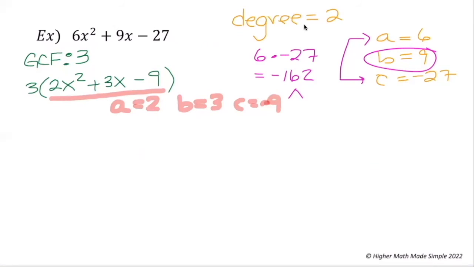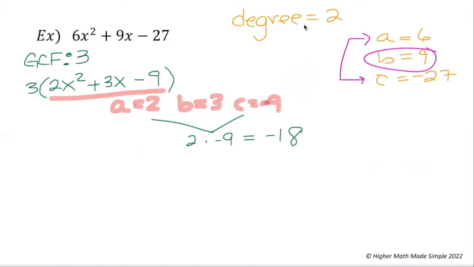So now when we multiply A times C together, we're doing a factor tree of negative 18. That is a much smaller number than negative 162. So it does make our life so much easier. So again, make sure that you always look out for the GCF, because more often than not, it will save your life.